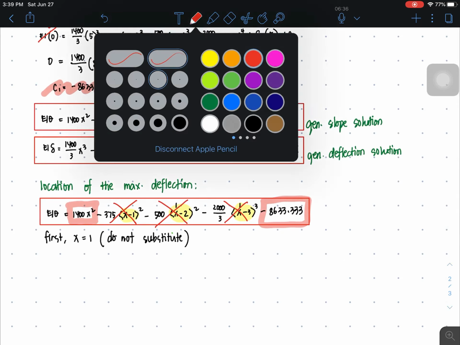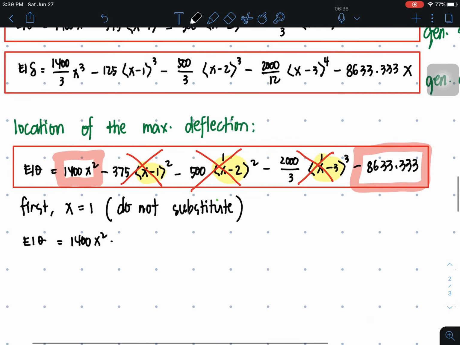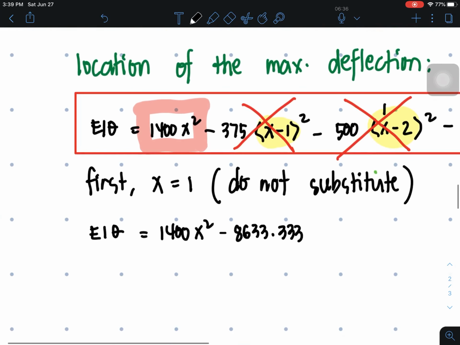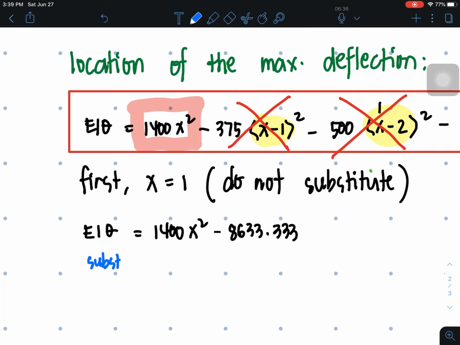So with that, atong i-rewrite that it's EI theta equal to 1,400 x squared and minus 8,633.333. Mao ni ang atuang working formula. And this time, we are now going to substitute theta equal to 0. Ngano galing i-substitute ang theta equal to 0?